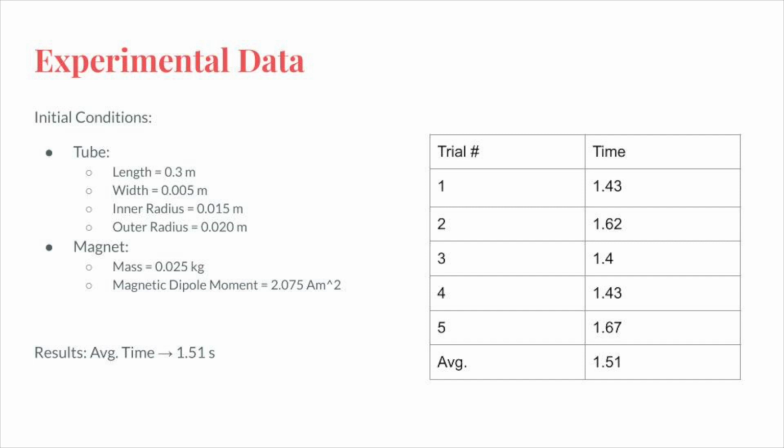The magnet had a mass of about 0.025 kilograms, and its magnetic dipole moment was measured to be around 2.075. This resulted in an average fall time across 5 trials of around 1.51 seconds. These times were measured using a stopwatch and the video of each fall.